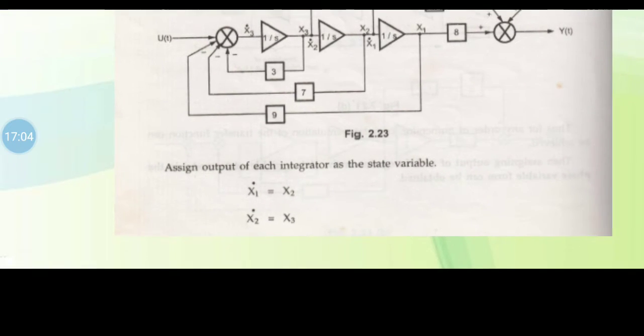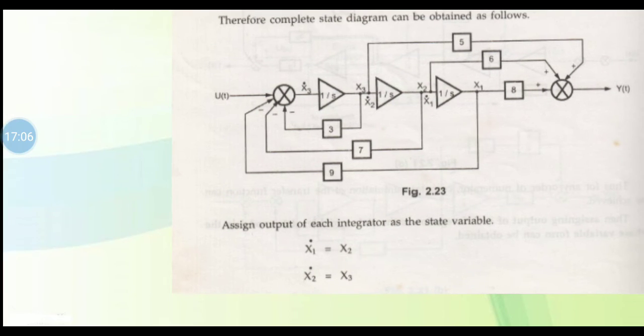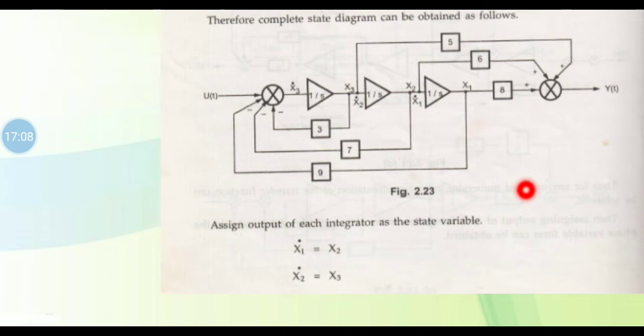Whatever the integrators are, assign the output of each integrator as a state variable. So the output of each integrator must be assigned as a state variable. What is x1 dot? x1 dot is equal to x2. x2 dot is equal to x3.